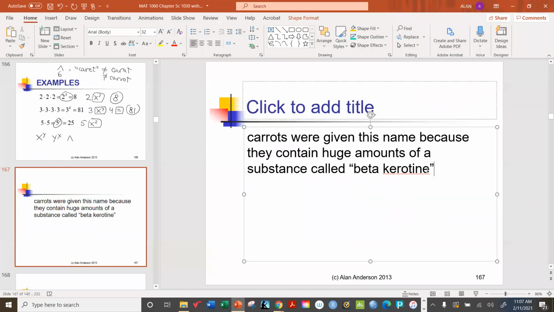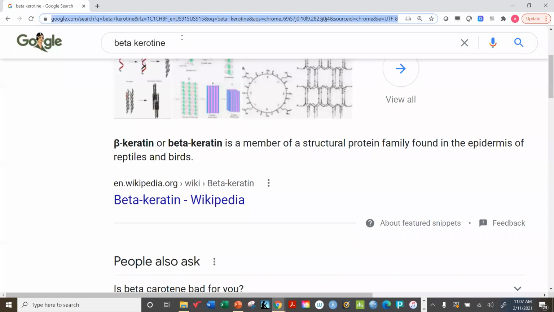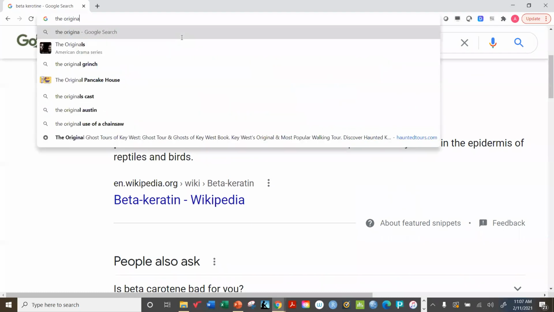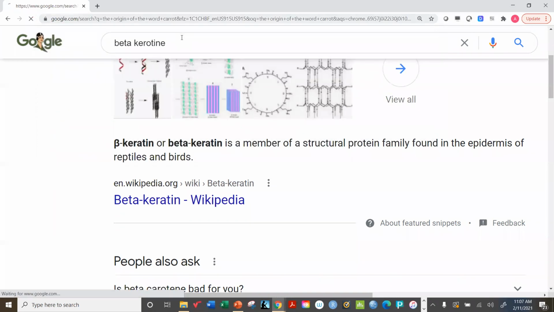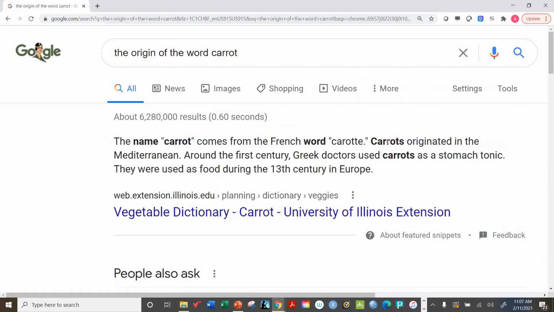Keratin. Oh my God, I didn't get it, did I? Well, anyway, you get the point. It's a very short journey from keratin to carrot. So that's what that's all about.